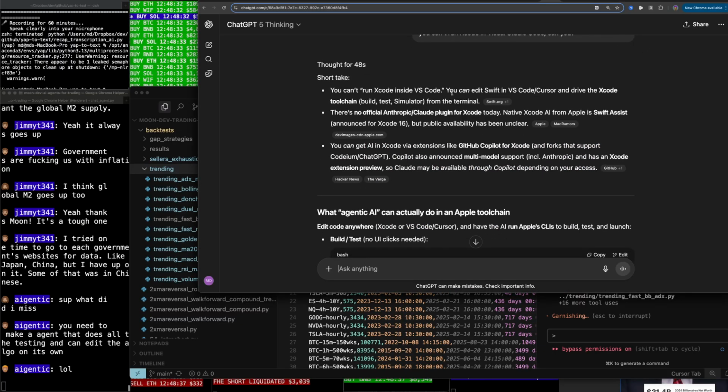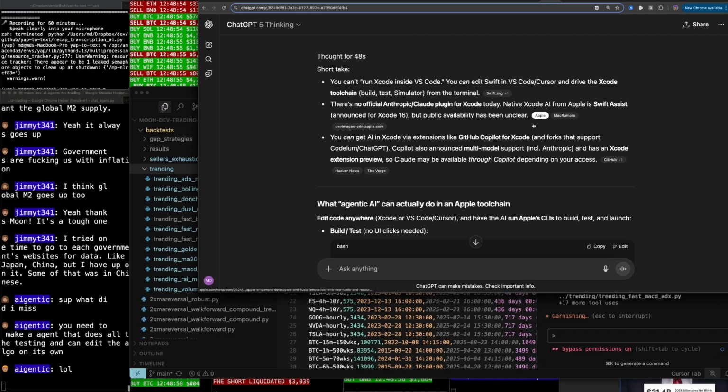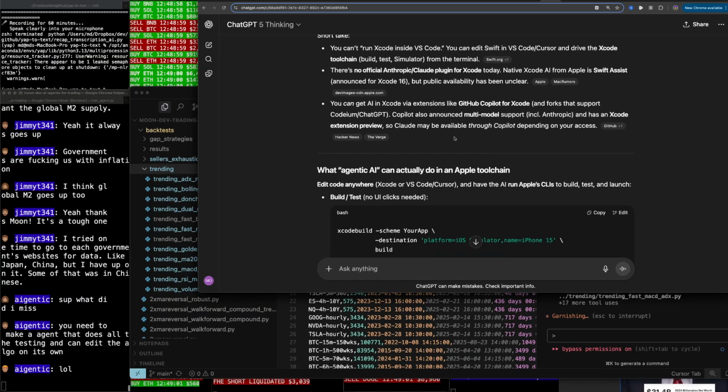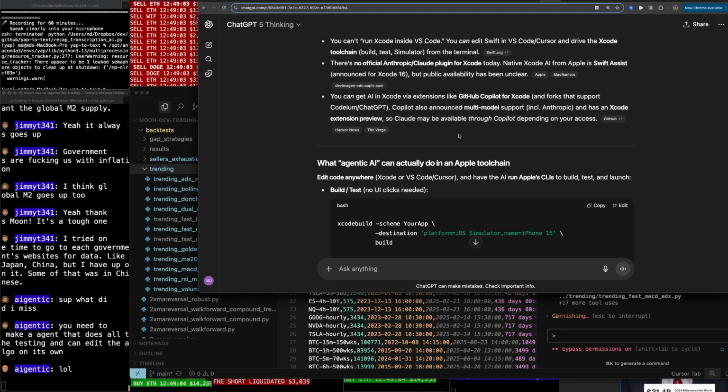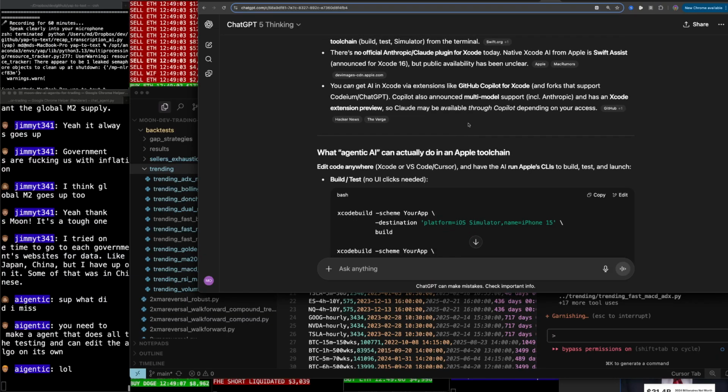You can't run Xcode inside of VS Code. You can edit Swift in VS Code or Cursor and drive the Xcode toolchain, build, test, simulator from the terminal. There's no official Anthropic Claude plugin for Xcode today. Native Xcode AI from Apple is Swift Assist, announced for Xcode 16, but public availability has been unclear. You can get AI in Xcode via extensions like GitHub Copilot for Xcode, and forks that support Codium or ChatGPT.